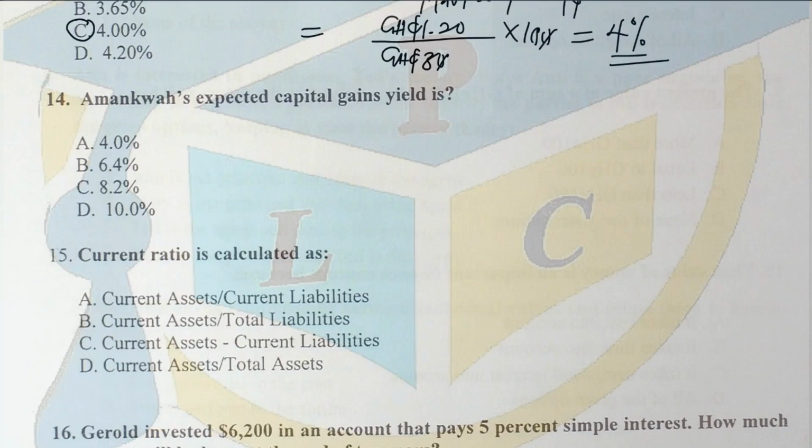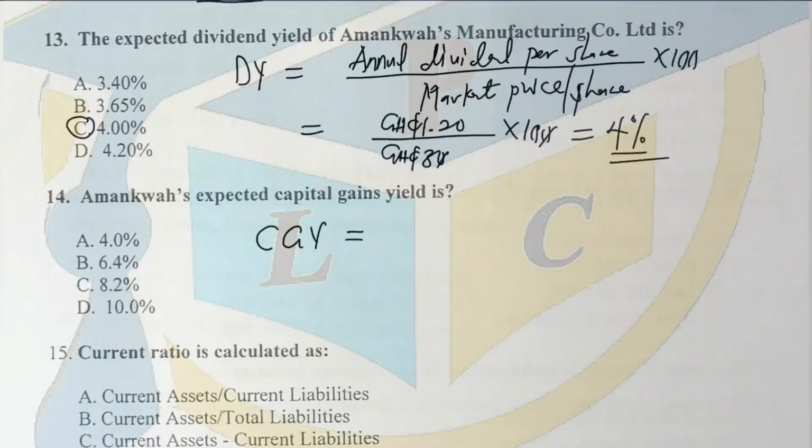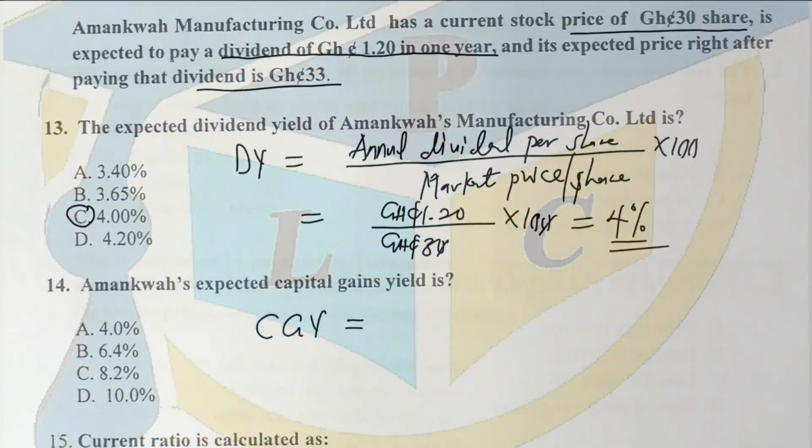So capital gains here, I always call it CGY. Capital gains yield is going to be the difference between the original stock price and the appreciated price of that stock. Is that okay? The difference between the two.